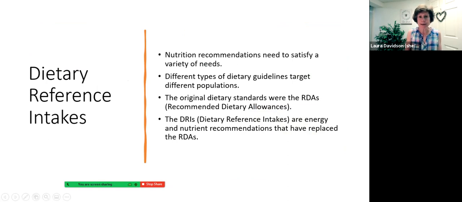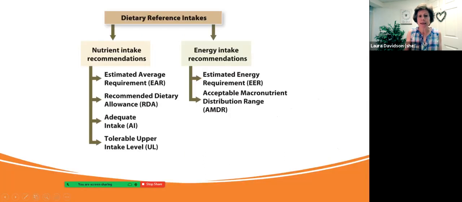But now instead of saying things like, keep added sugar to less than 10%, eat more fruits and vegetables, now we're talking about specific nutrients and the amount that the individual needs. Okay, those are the dietary reference intakes. There are a number of different established dietary reference intakes. Please look at them, read through this in the textbook.